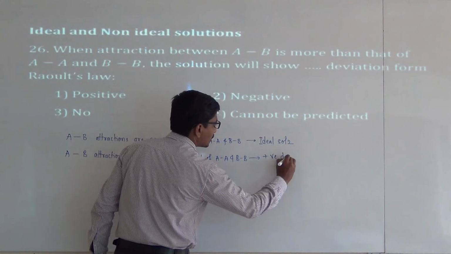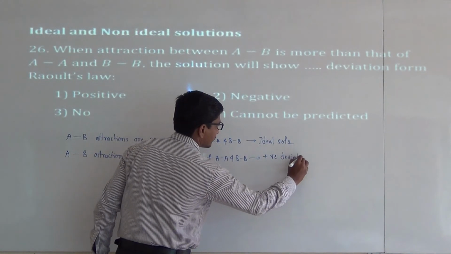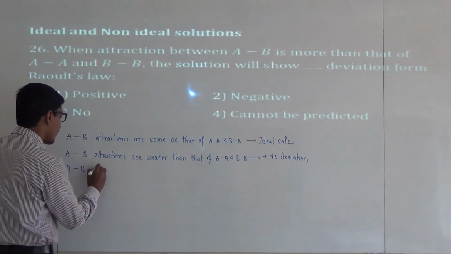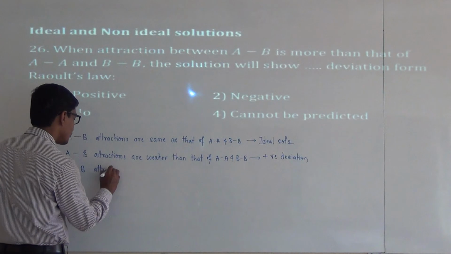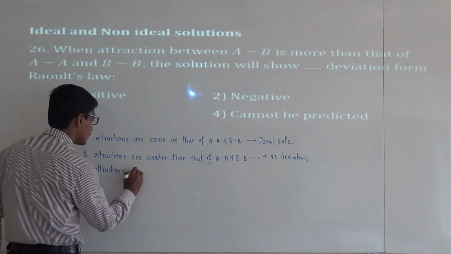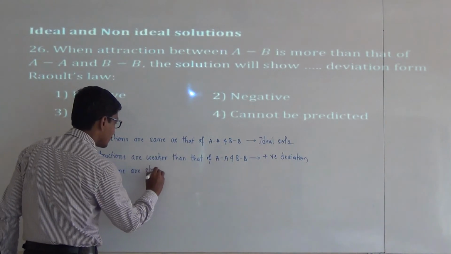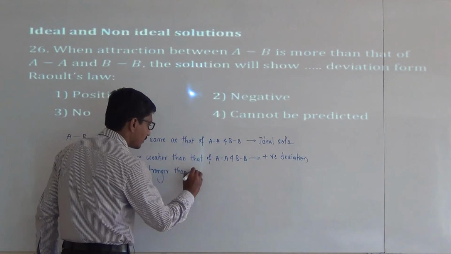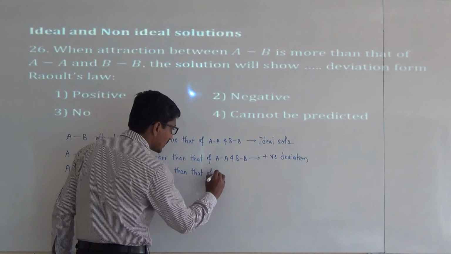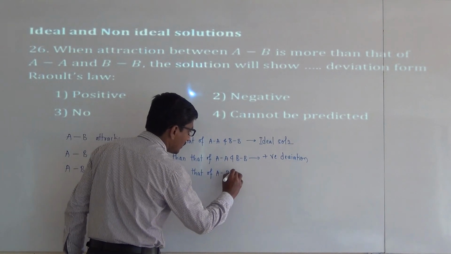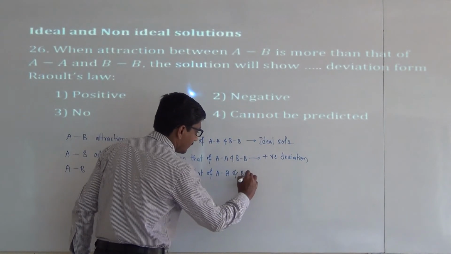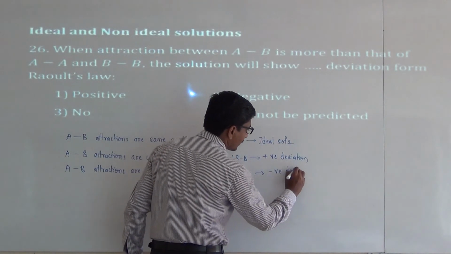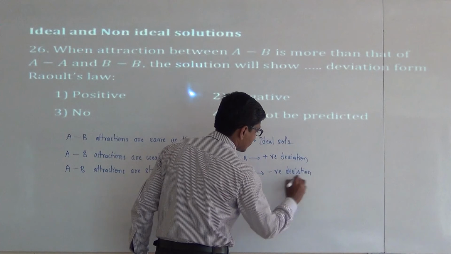It shows positive deviation, and when AB attractions are stronger than those of AA and BB, this shows negative deviation.